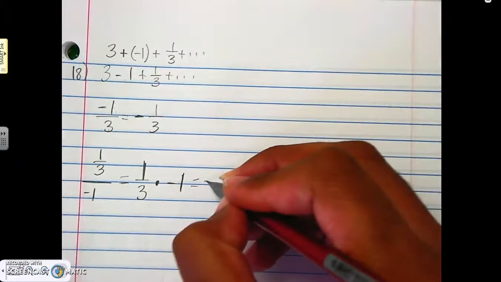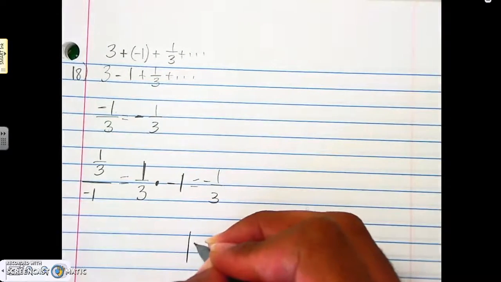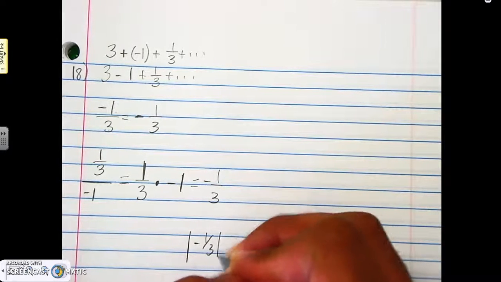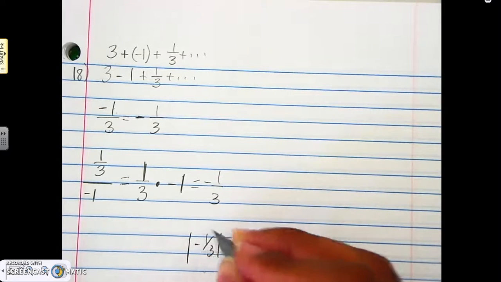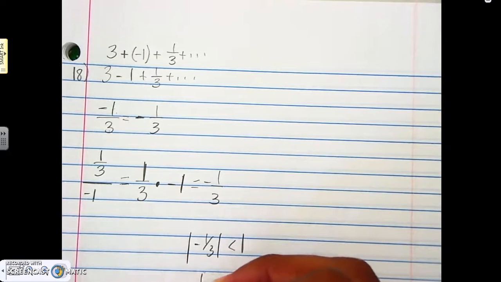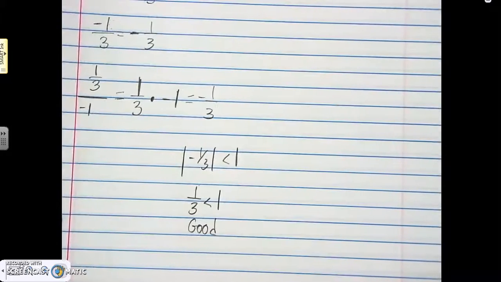And again, that gives us a -1/3. So we said the absolute value of that number has to be less than 1. And the absolute value of negative 1/3 is positive 1/3. And that is good.